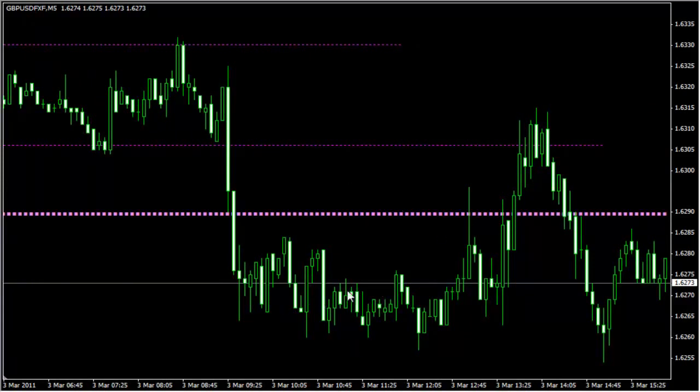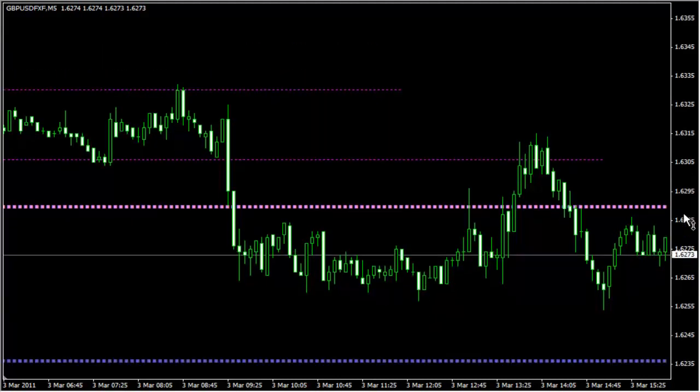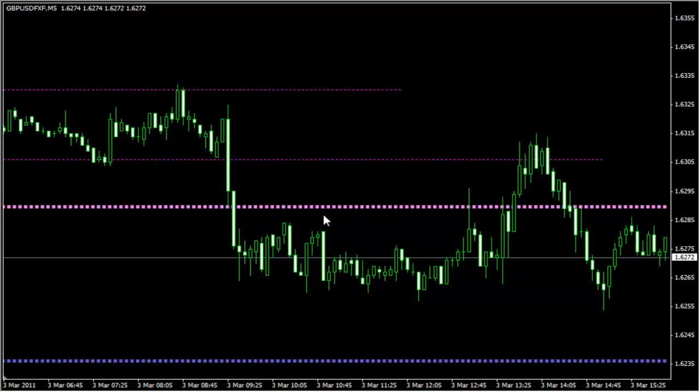New York, even though we had this consolidation and just kept reaching lower and lower, we were now below the central pivot, and New York open in here. So we look for a change in sentiment. Market had traded down and was failing to go lower. We were between central pivot and S1.